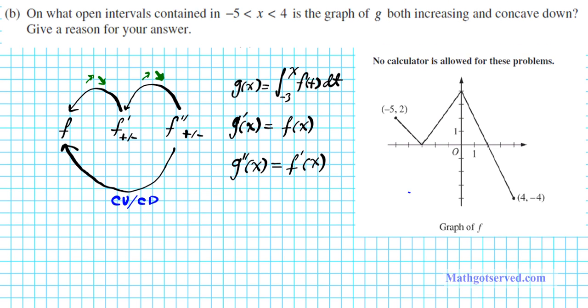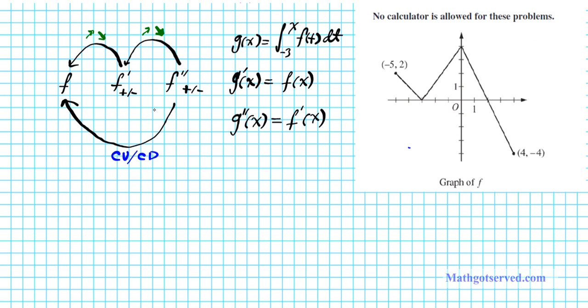So let me recreate my differentiation sign chart and apply this problem to the situation. We're dealing with G here. G prime is the same thing as f, and G double prime is the same thing as f prime. So we're going to be connecting these. I'll draw my nice little heart here.